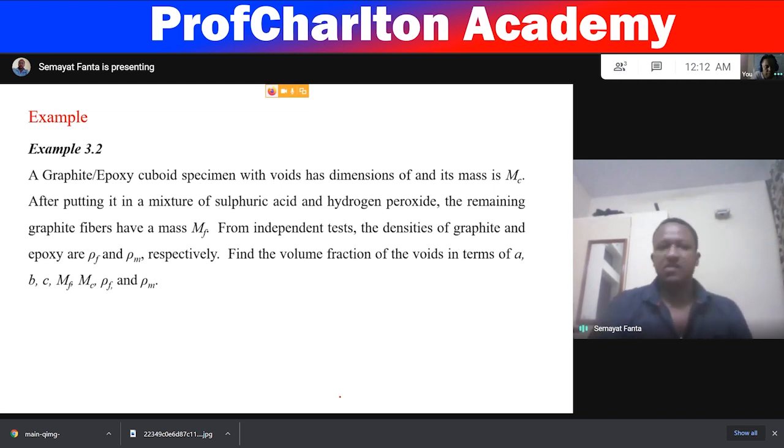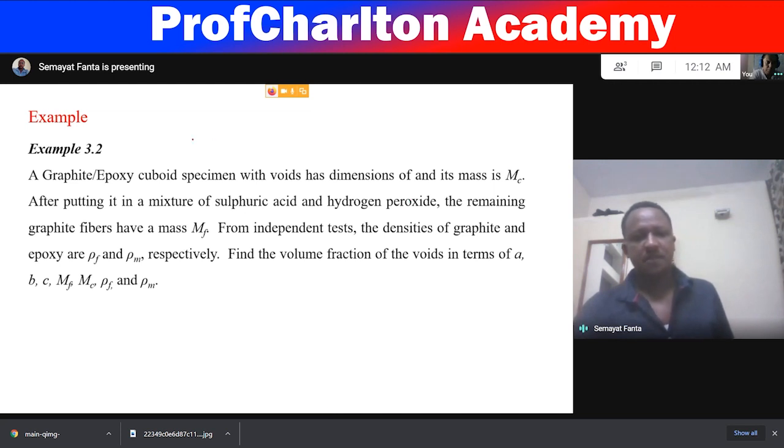So graphite epoxy, still we are talking about graphite epoxy, of a specimen having cubic dimensions. That means the dimensions of the specimen are A, B, C, which are equal.